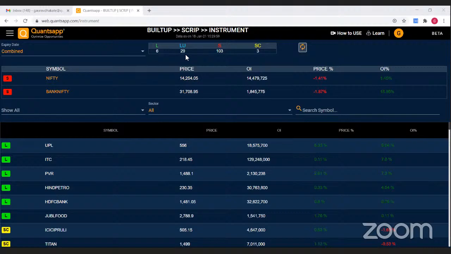So overall, I can see कि around 100 plus, 132 stocks में से, 141 stock में से, 132 के prices आज गिरे. So this is one of the ways in which I look into this build-up.